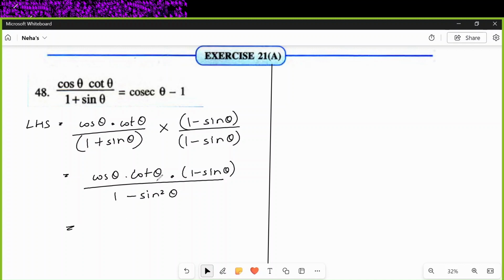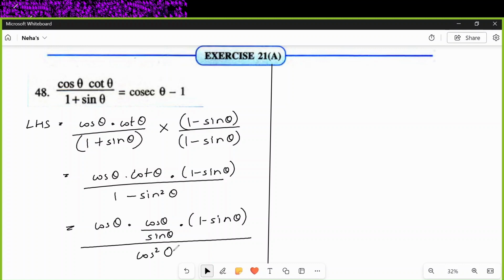Now cot theta here can be written as cos theta upon sin theta, and by the trigonometric identity we know that 1 minus sin square theta can be written as cos square theta. This is because sin square theta plus cos square theta is equal to 1.